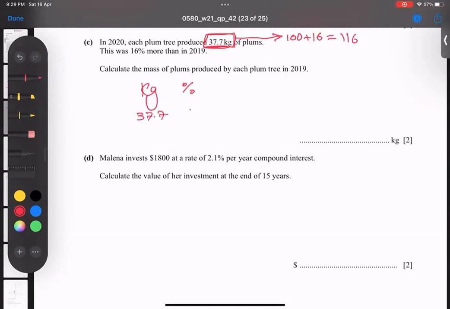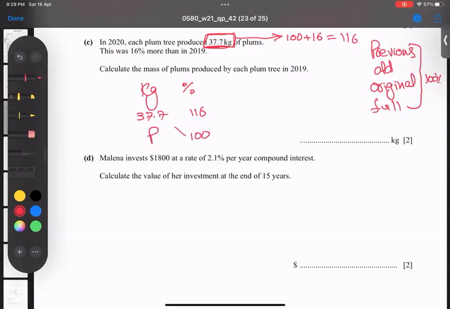So 37.7 kilograms equals 116%, and I want to find out the previous one. Whenever you need the previous one, look: 19 is previous, and this one is the latest year. Whenever you need to find the previous, old, original, or full value, always put it equal to 100%. So this is 100, this is 116, 100% I need to find.